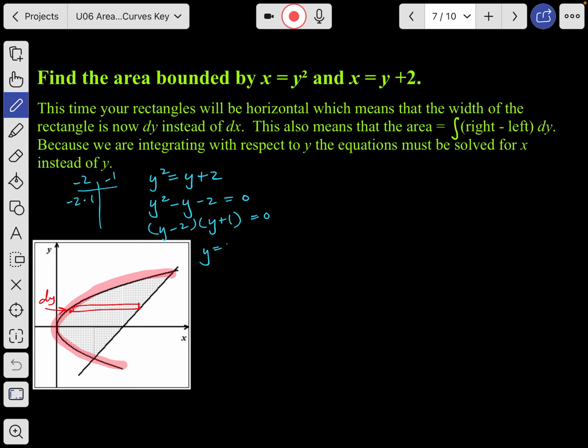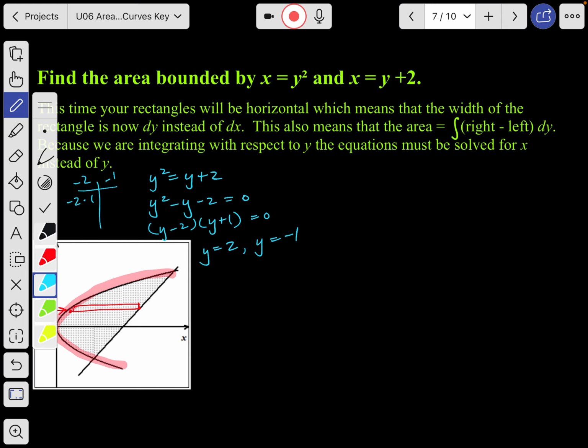And if I solve for each of these, y is going to give me 2, and y is going to give me -1. And so let me go ahead and mark those. This is going to be a y value of 2, and this down here will be a y value of -1.